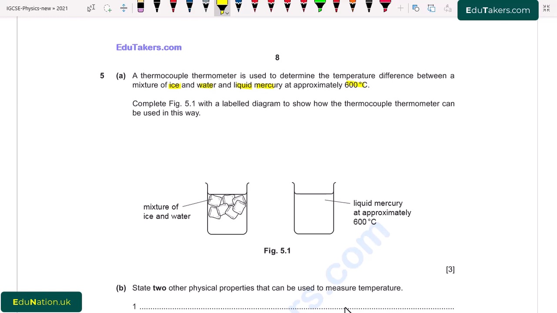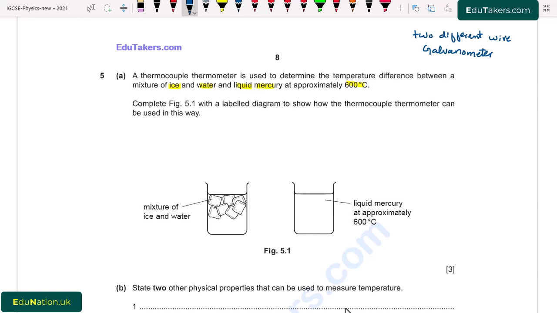So first of all, we have to know about the thermocouple thermometer. It consists of two different wires and a galvanometer. So first of all, I draw the first wire.